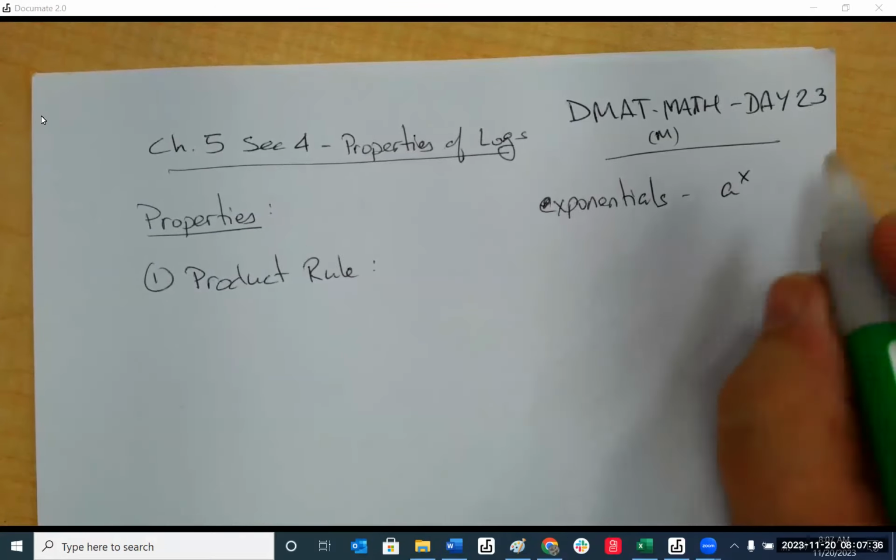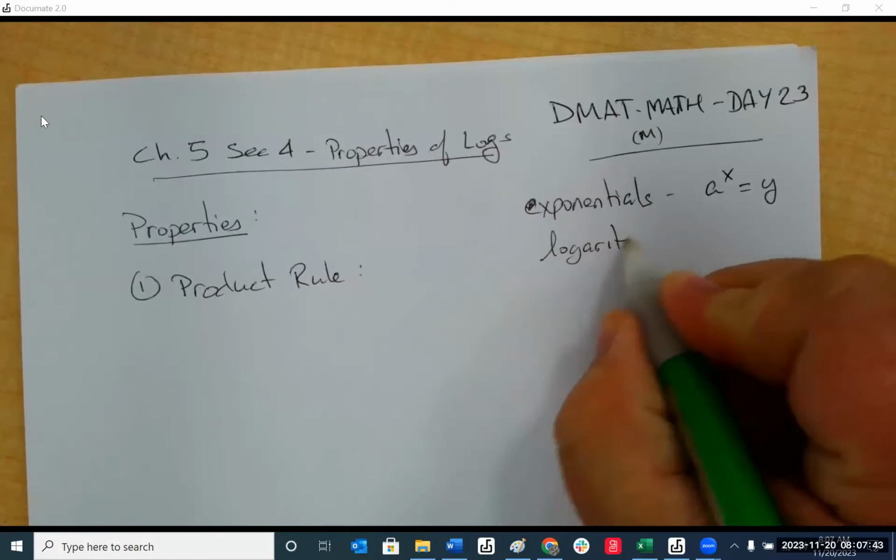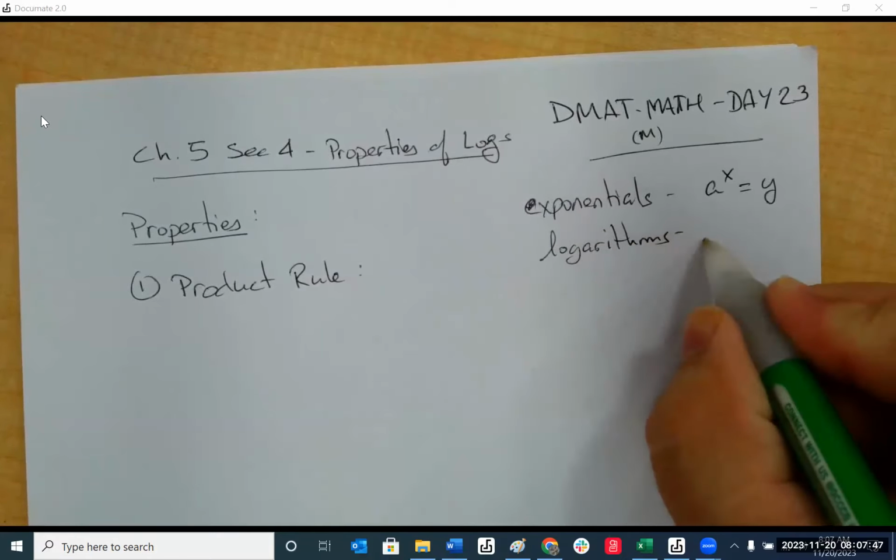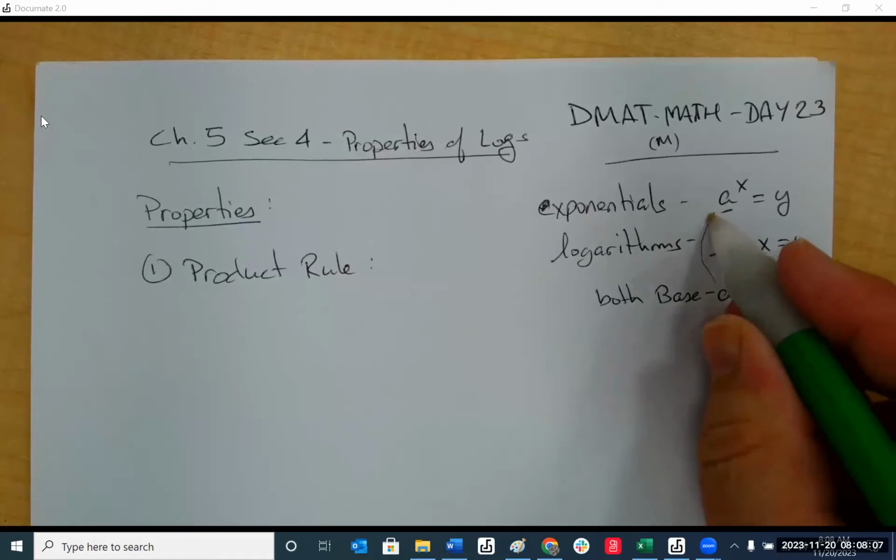Then we talked about logarithms, which look like this. You notice that the bases are the same. These are both base A, here and there.